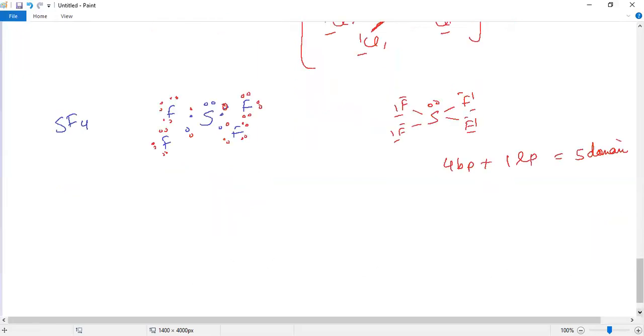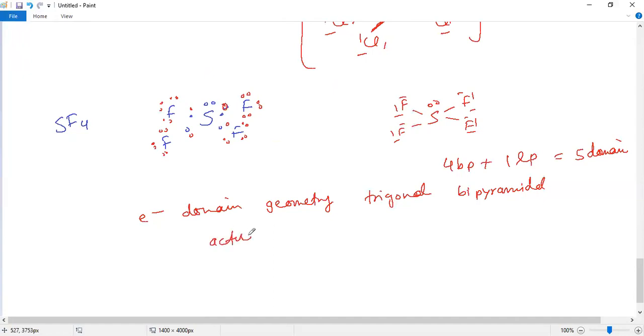Therefore, the electron domain geometry will be trigonal bipyramidal. But because of the presence of a lone pair, the actual shape will be different.